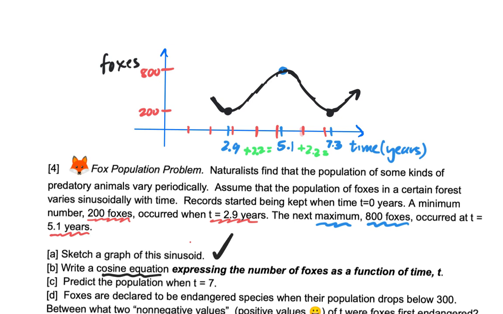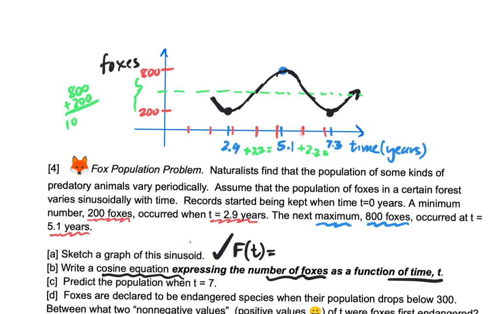Write a cosine equation expressing the number of foxes as a function of time. So the number of foxes with respect to time is equal to, first we have our dotted line. That's the midpoint between the 800 and the 200. The way we get this is 800 plus 200 is 1,000.